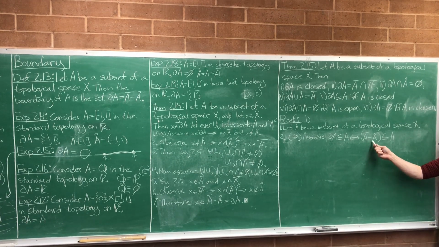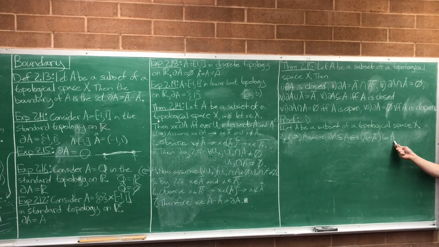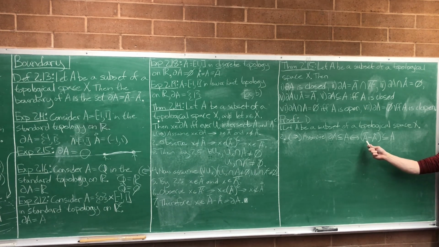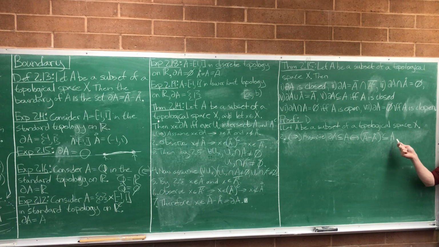So notice, A interior is also a subset of A. So I know everything in the closure that's not in the interior is in A. But I also know that everything that's in the interior is in A. Therefore, everything in the closure is in A. Did you follow that thinking?